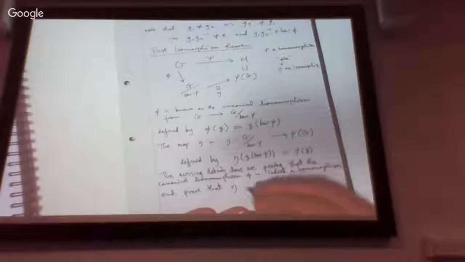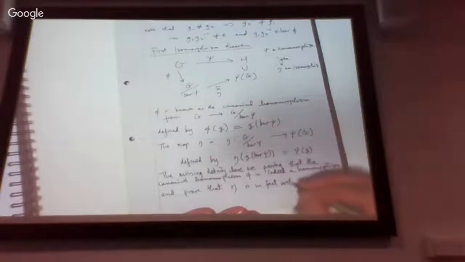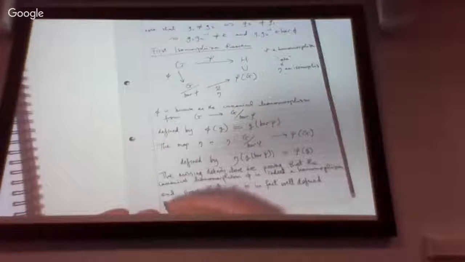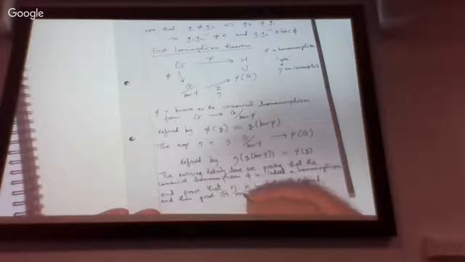We have to prove that eta is in fact well defined as a function, so it qualifies as a function to begin with, and then prove it's an isomorphism.